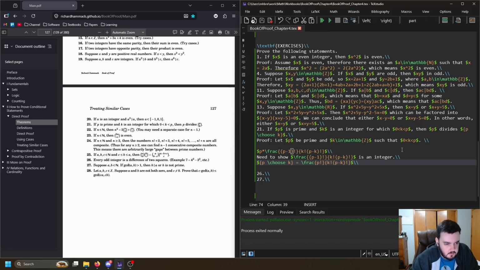This is a hard one. I mean, can we say we know that, I've never proven it, but it has to be that the binomial coefficient is always an integer.